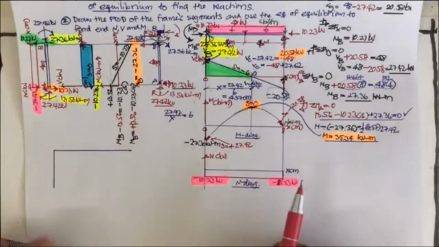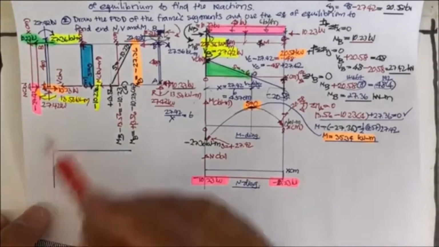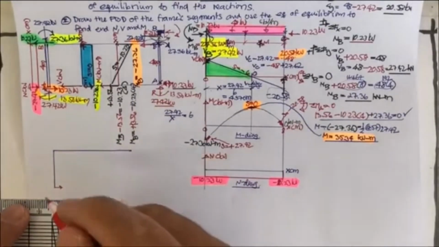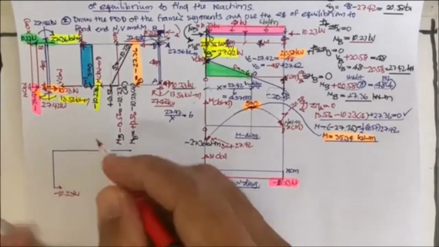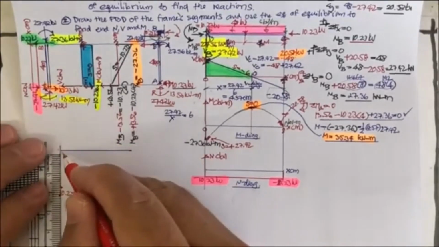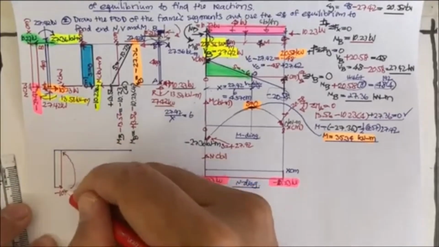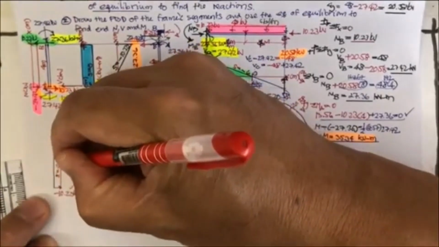Okay, and what we have is the shear diagram, and this is going to be negative. It's going to be minus 10.23 kilonewton, and it's also minus 10.23 here. Just put it like this, and then you may say the slope here is 0.